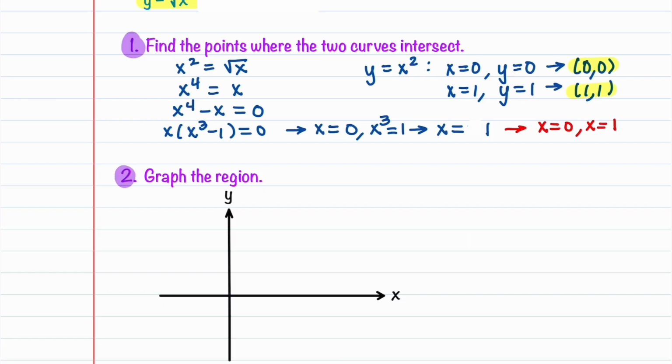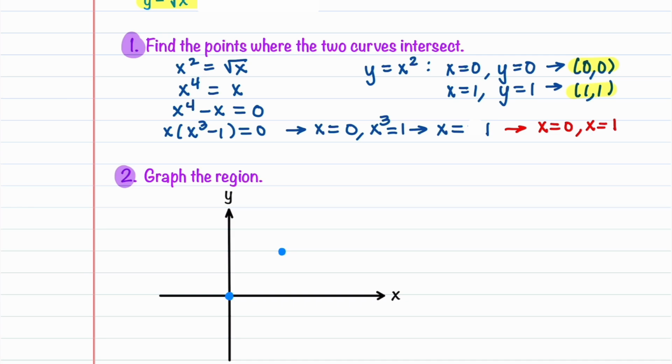Let's begin by plotting our two intersection points, 0, 0. And let's go ahead and make 1, 1 right up here. Give us a little bit more space. Let's hold off labeling the graphs and go ahead and graph our two curves.